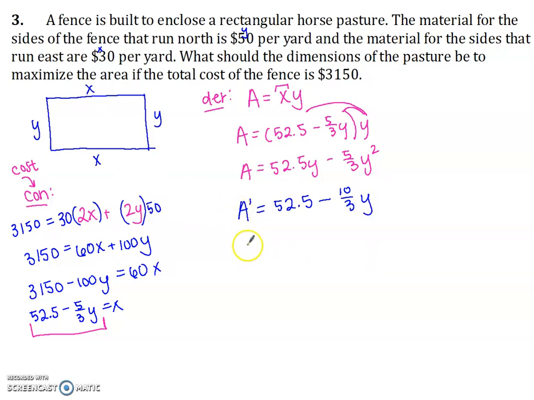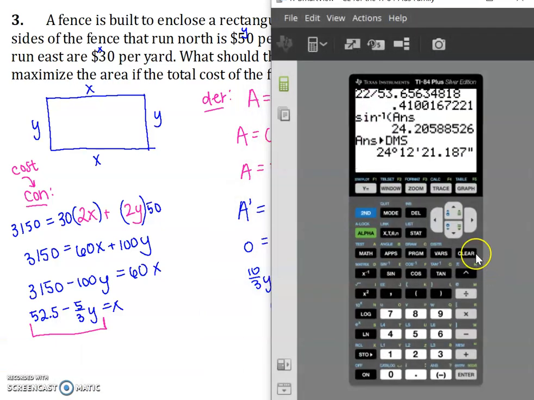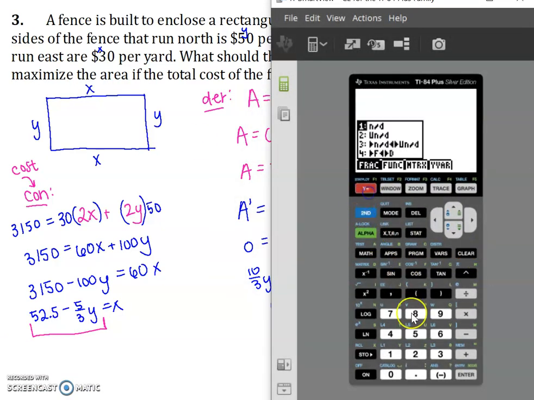After you take the derivative, you are always going to set it equal to 0 and solve for y. So I'm going to move the 10/3 y over, and then divide by 10/3. Make sure when you type this in on the calculator, I would just make a fraction and do 52.5 and then the 10/3 on the bottom.